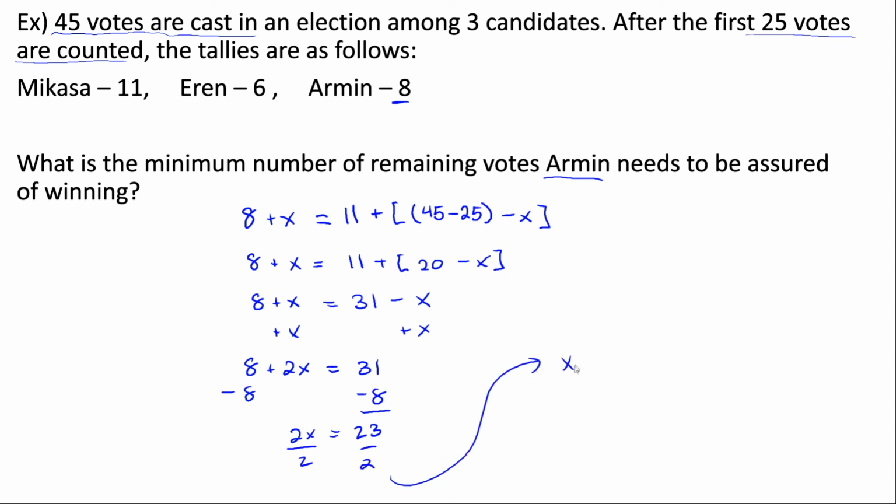And we're going to end up getting x is equal to 11.5 votes to tie. Now, looking at this, 11.5 votes is not a number of votes you can actually have. You need to have a whole number of votes. We can't have something like half a vote, but that's okay because this is just how many they would need to tie. And we were being asked how many votes they need to be assured of winning. So if they need 11.5 votes to tie, 12 votes is going to be the minimum they need to win.